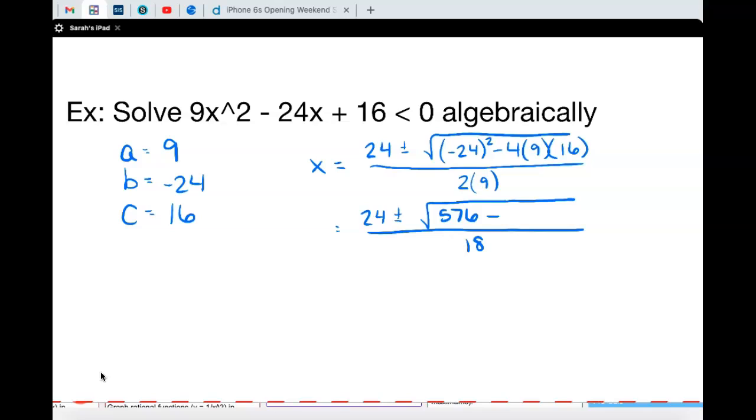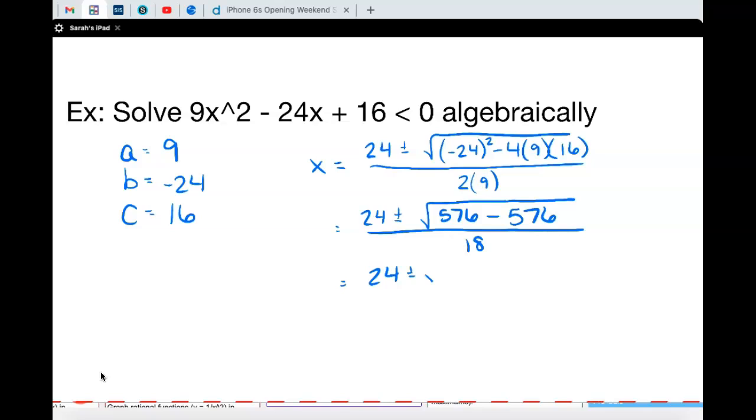Oh, I got 576. But if it's a plus 576 and you're already subtracting it, I only have one negative sign in there. You're right.